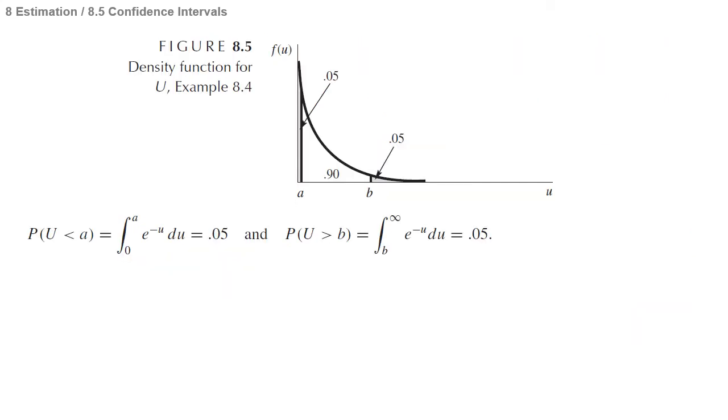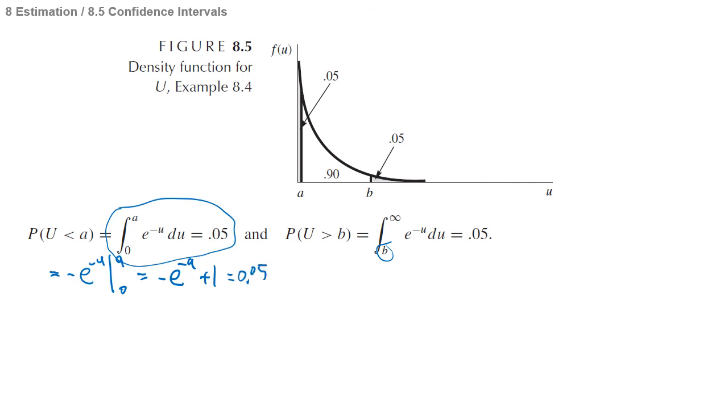From the previous slide, we decided to use this quantity. The probability of u less than a equals 0.05, and the probability of u greater than b is 0.05. If you solve this, we can calculate a and b. For the first, the integration is minus e to the minus u from 0 to a, which is minus e to the minus a plus 1, which is 0.05.